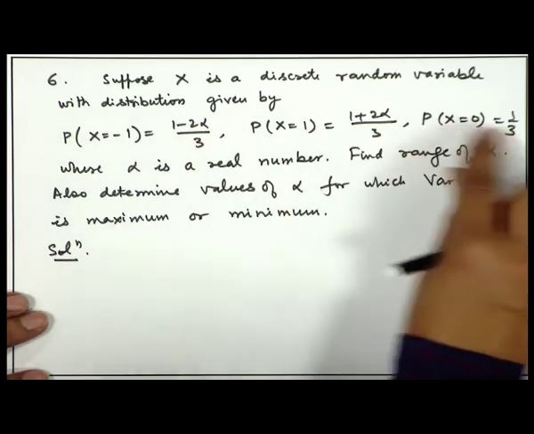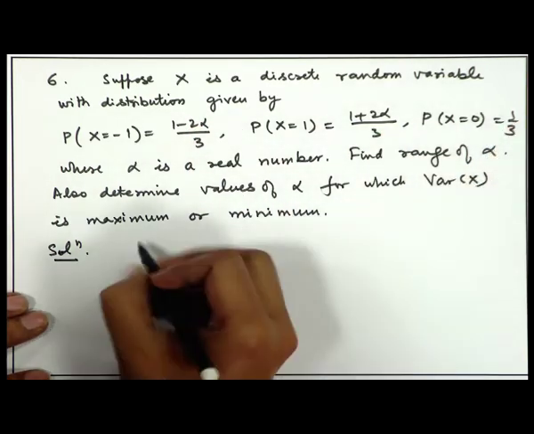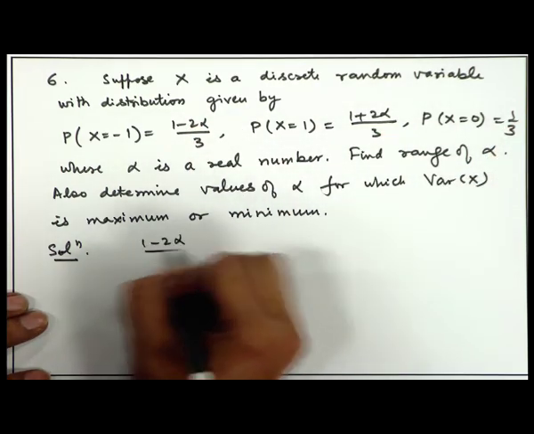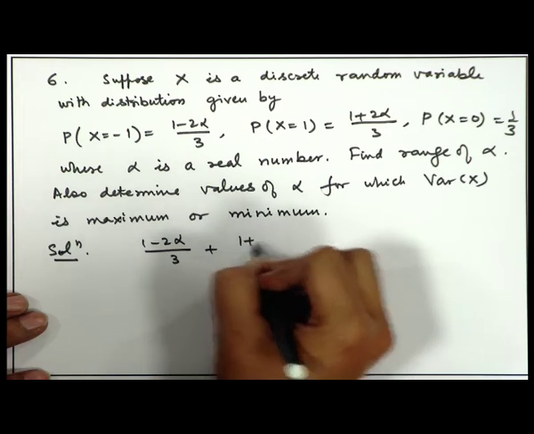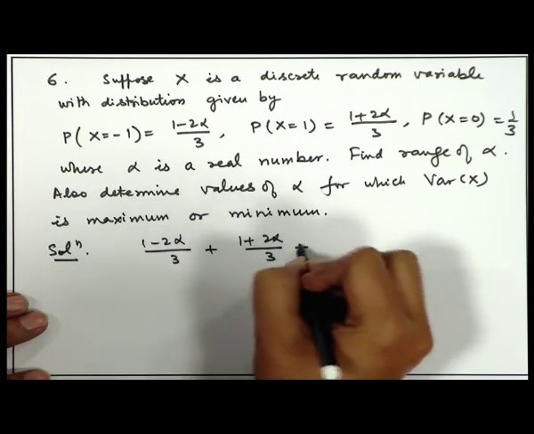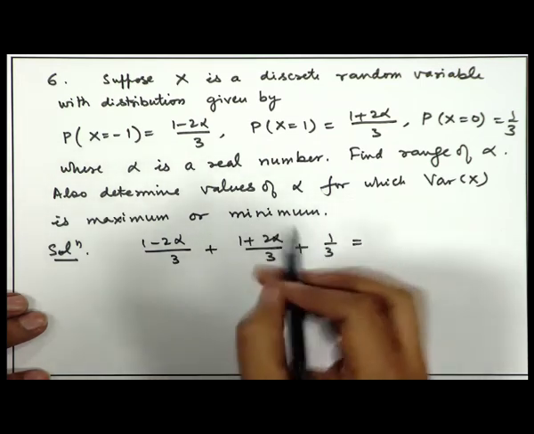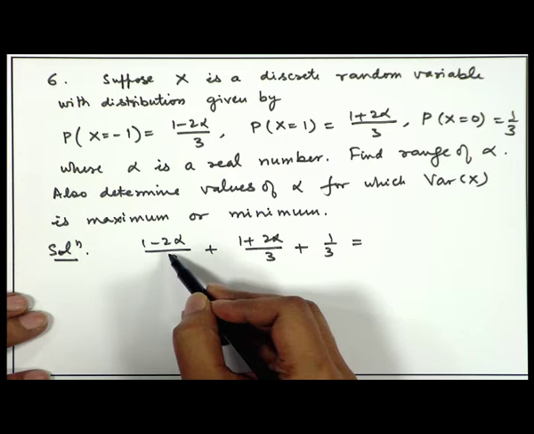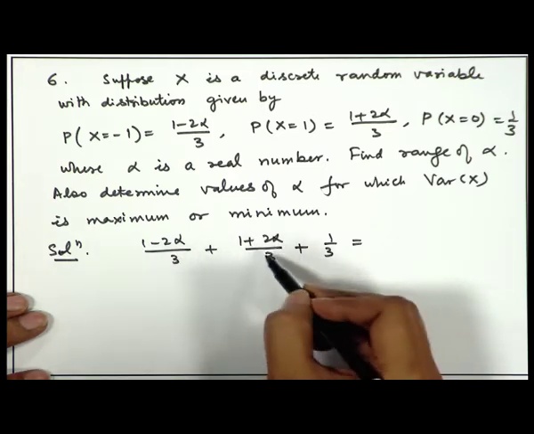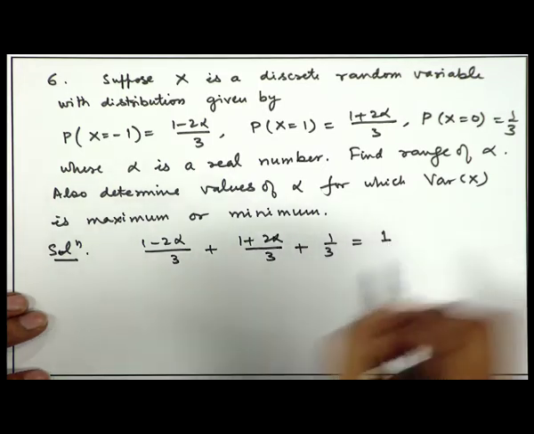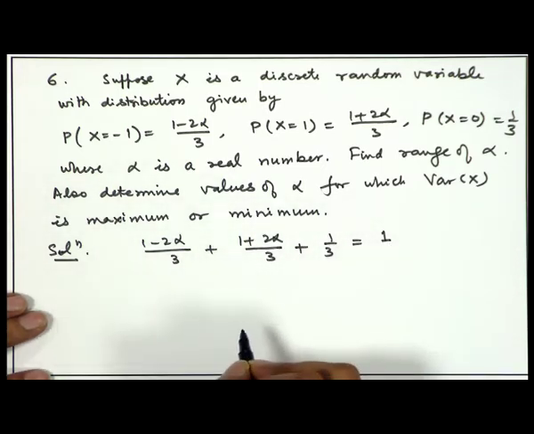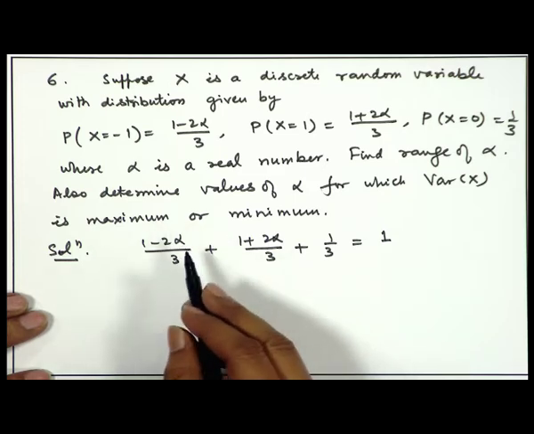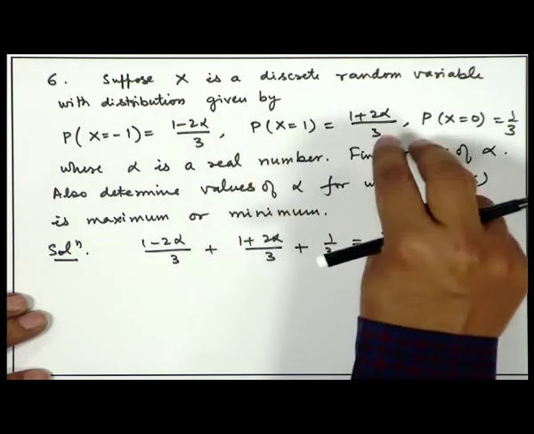So, the sum of the probabilities must be equal to 1. Let us see: 1 minus 2 alpha by 3 plus 1 plus 2 alpha by 3 plus 1 by 3. So, this 2 alpha by 3 minus 2 alpha by 3 cancels out, we get 1 by 3 plus 1 by 3 plus 1 by 3 is equal to 1. So, one condition is satisfied.